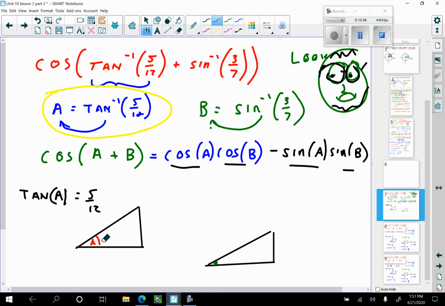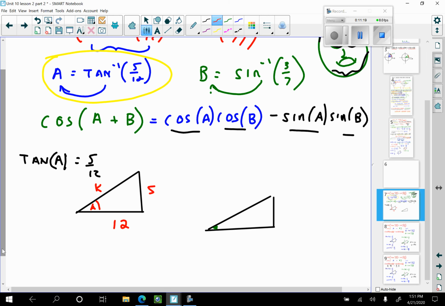And I know that by the geometric definition, the tangent is the opposite leg over the adjacent leg. I also know, if I were going to find this missing value here, that 5, 12, 13 is a Pythagorean triple. And you can use the Pythagorean theorem to find K, because K is going to be the square root of 144 plus 25, and that's going to give you 13. So this guy is 13.